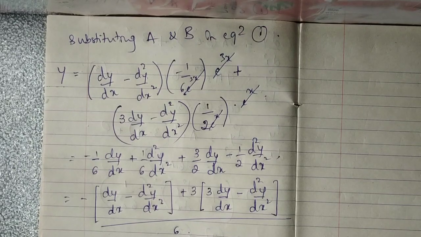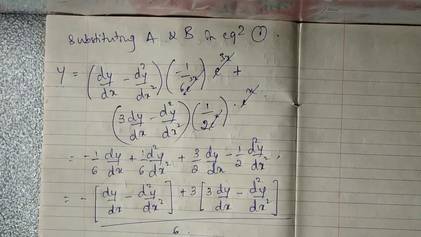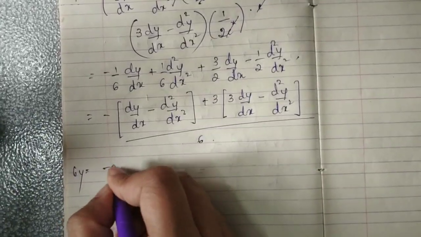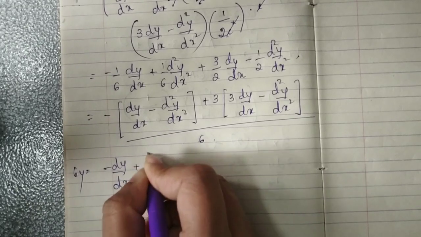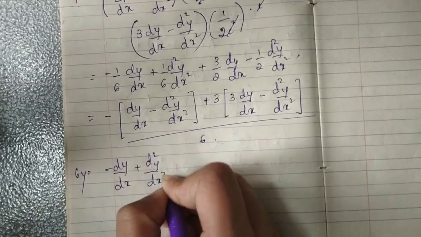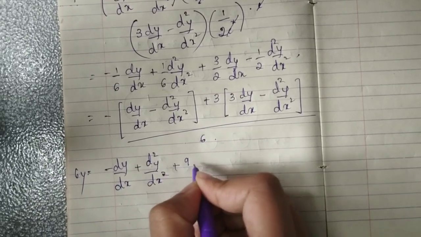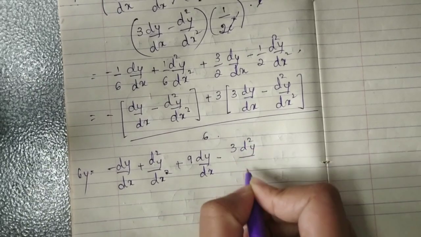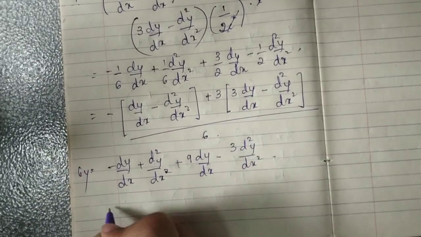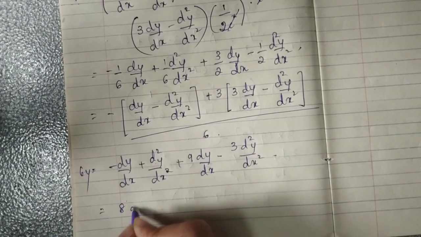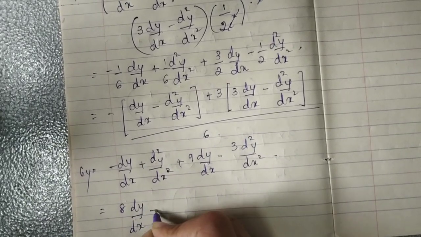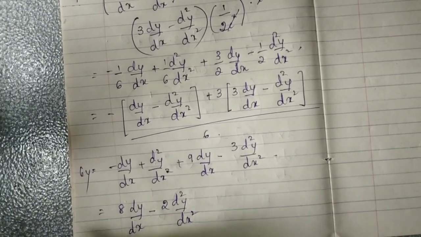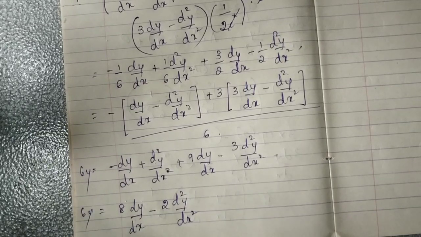I will take this 6 to this side, it will be 6y. 6y is equal to minus dy by dx plus d square y by dx square plus 9 dy by dx minus 3 times d square y by dx square, which equals 8 dy by dx minus 2 times d square y by dx square, which is equal to 6y.